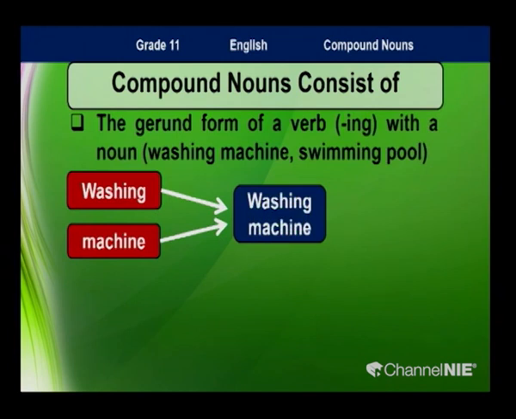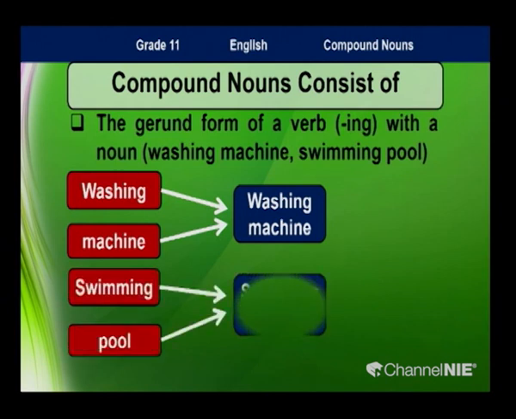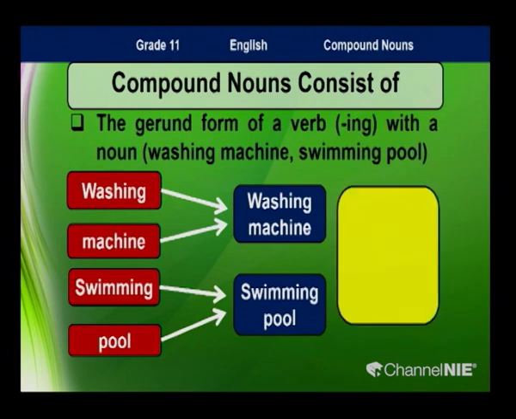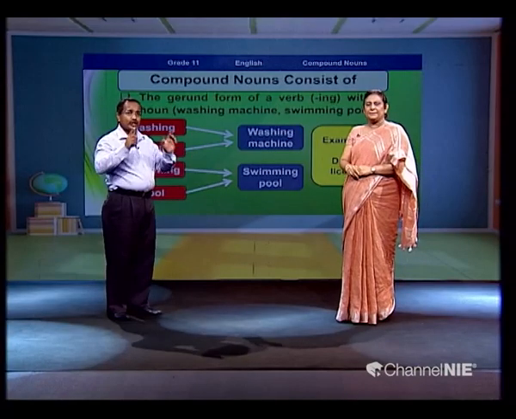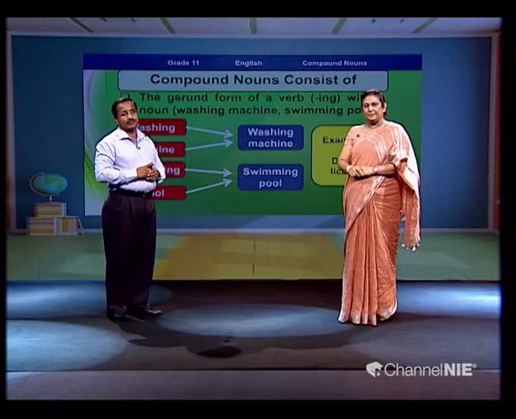Washing machine stands as two separate words. Swimming pool also stands as two separate words, and this example too. Driving license. Washing machine, swimming pool, driving license. They stand as two separate words when they are merged to make compound nouns.